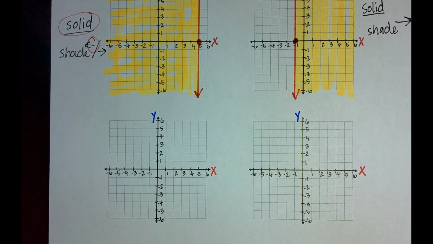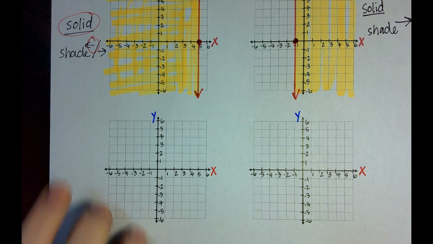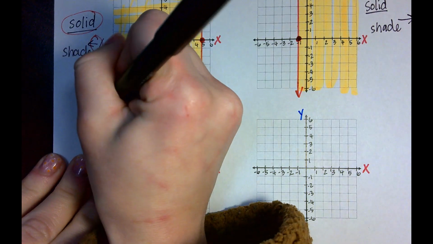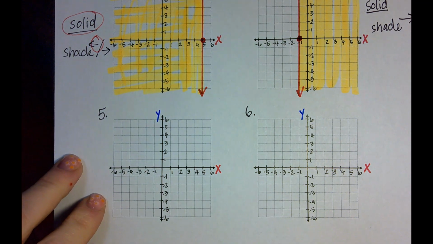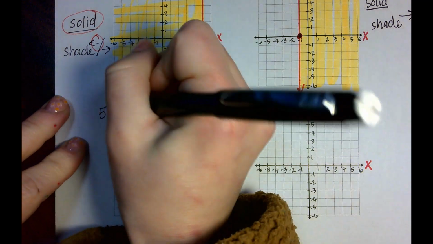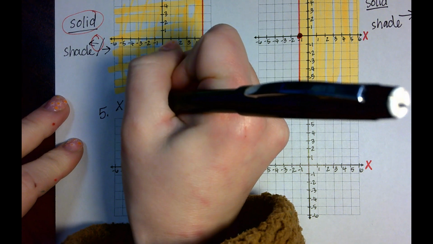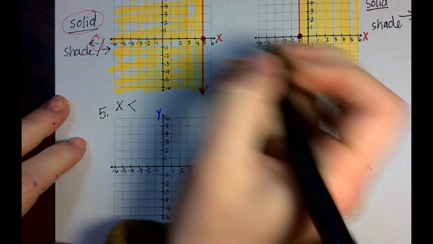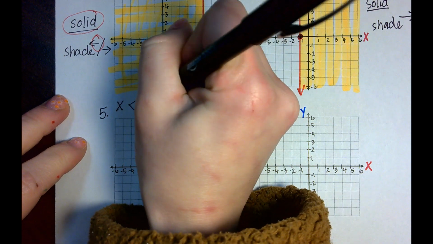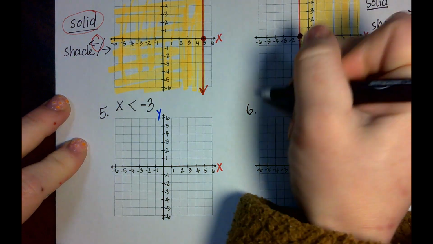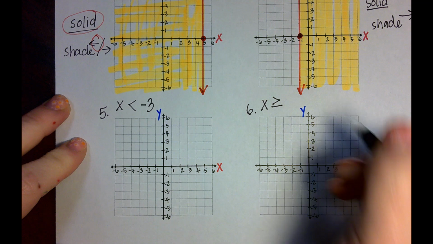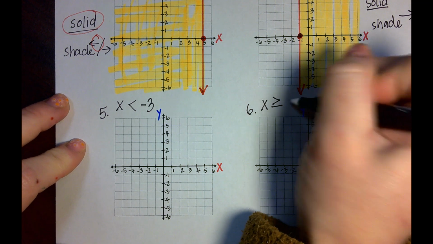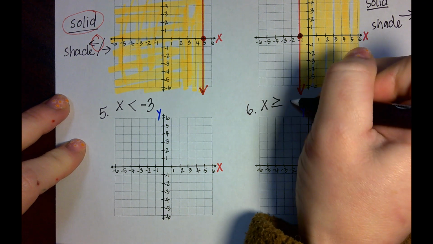Okay, 2 on your own, and then we're going to take our break. So 5 and 6. I give you x is less than -3 and x is greater than or equal to 4.